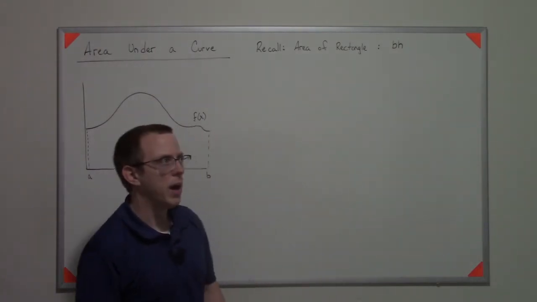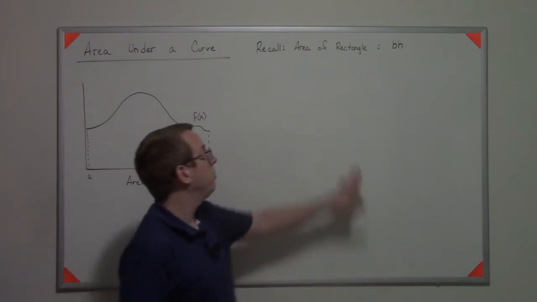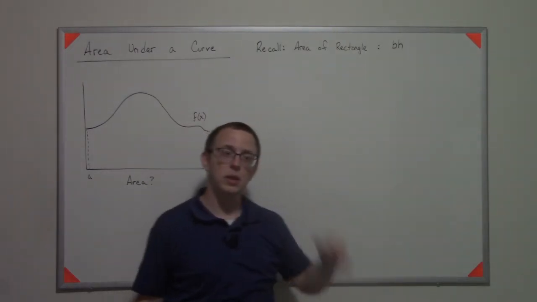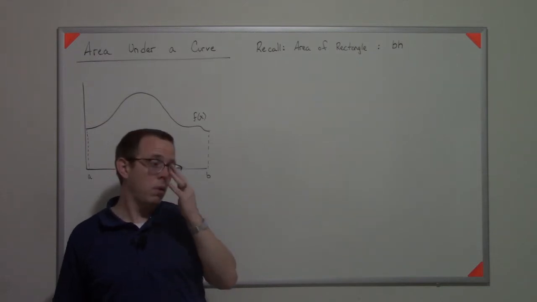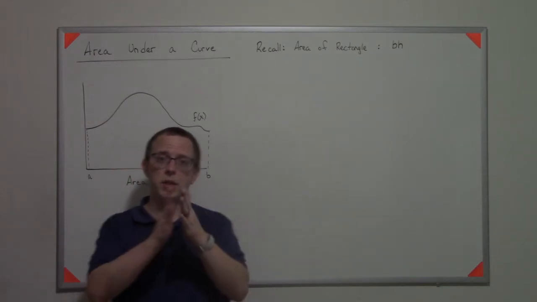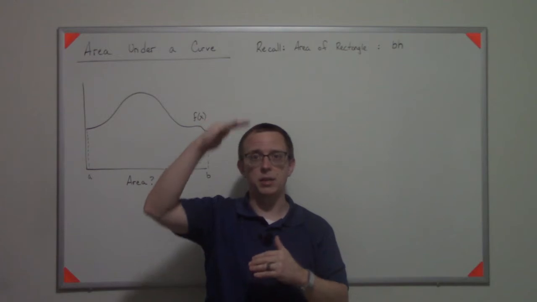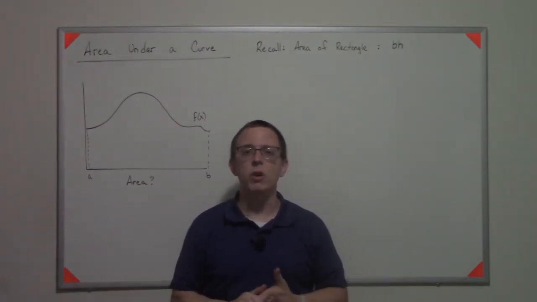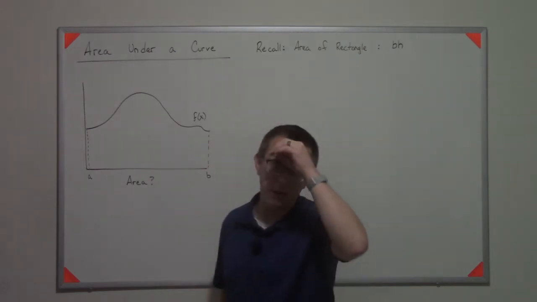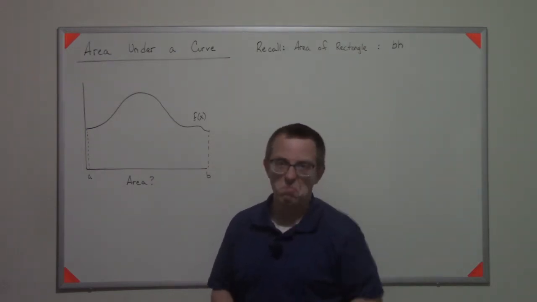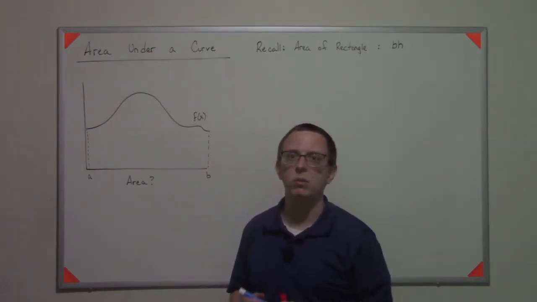Let's go all the way back to the simplest of geometric shapes, the rectangle. You might say square is simpler. Square is a rectangle. But a rectangle says I've got a base and I've got a height. Simple enough. So what if I naively said, I'm going to figure out the area of this by rectangles.